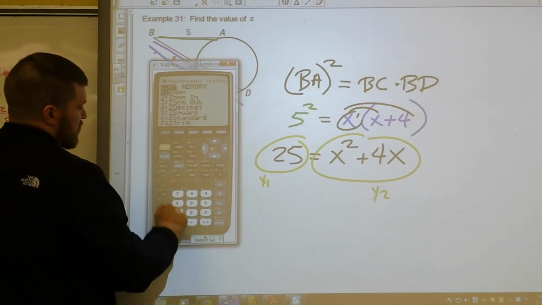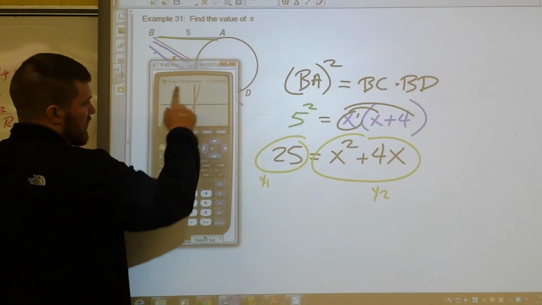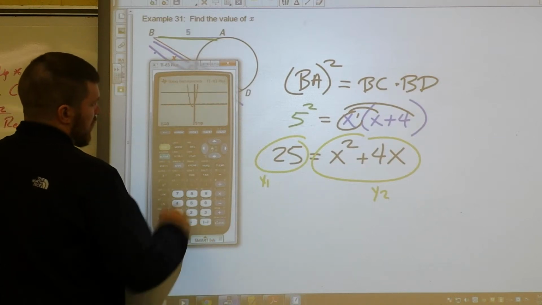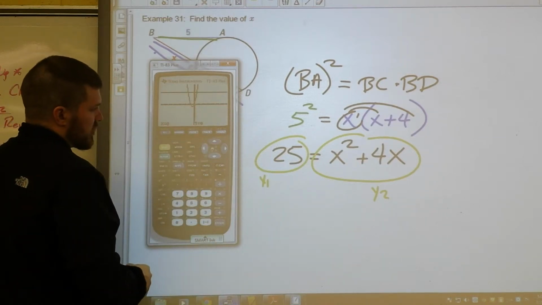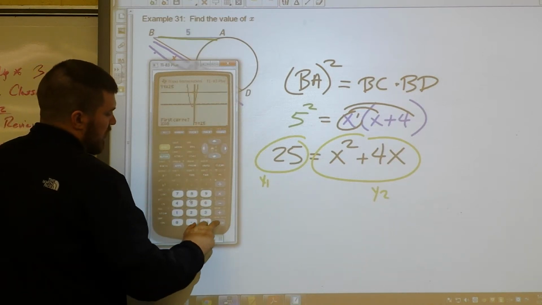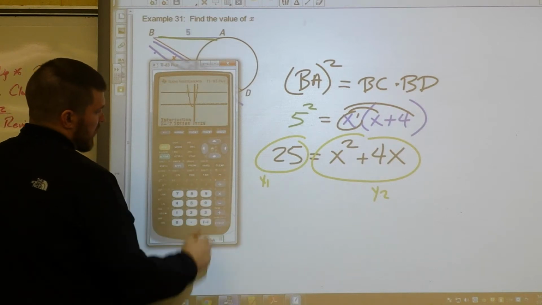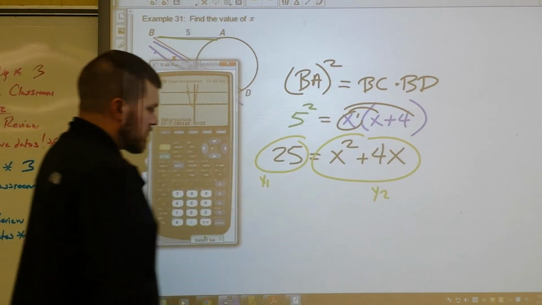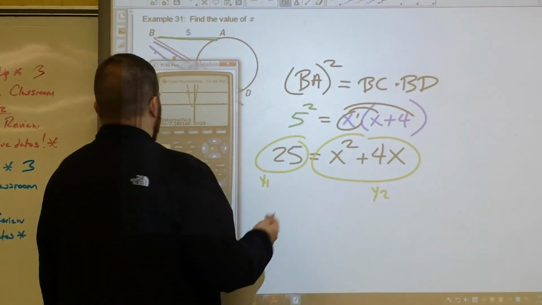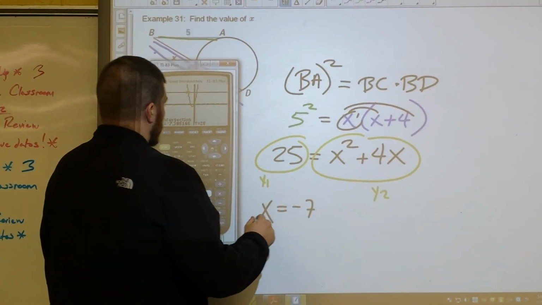I'm starting a new picture, so I'm going to hit zoom 6. Now I only see one piece, but I know I'll graph two pieces, so I need to zoom out, actually. Now I have two points of intersection. I'm going to find the one on the left first, so second calc, option 5. First curve enter, second curve enter, and guess. Put my cursor in position. I get for my first point of intersection, rounding here, x equals negative 7.39.